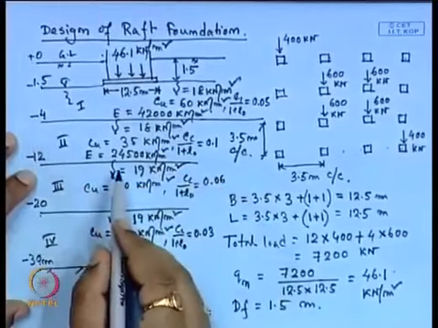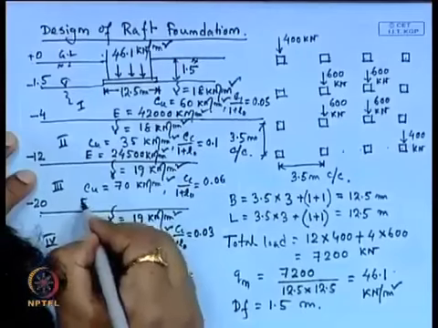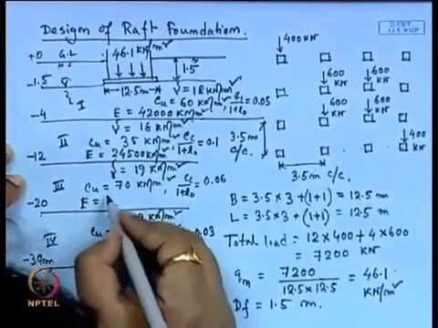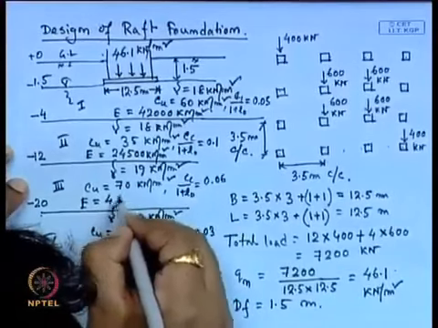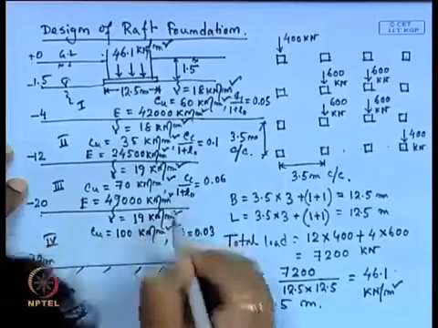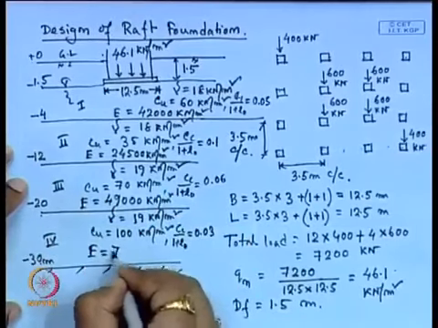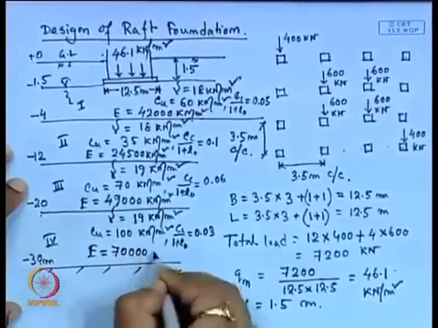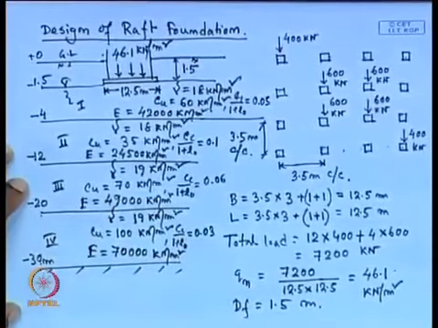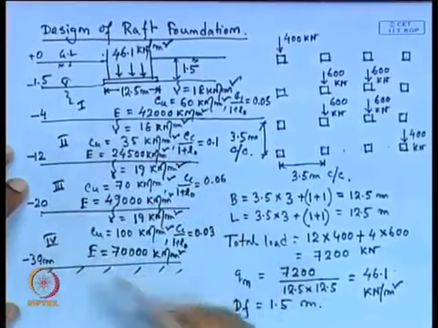The E value, that means the elastic modulus of the soil, for the third layer is 49,000 kilonewton per meter square, and the E value for the fourth layer is 70,000 kilonewton per meter square. So, these are the soil data and these are the dimensions.